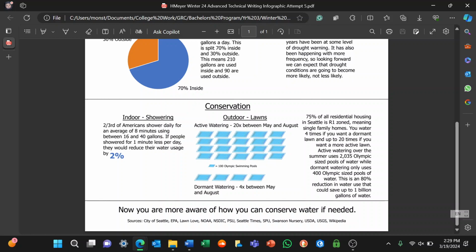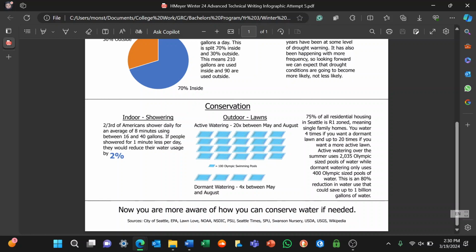By a football field, by a football pitch, it's X number of yards, it's X number of football fields long. By using Olympic-sized swimming pools to represent the amount of water, you can really just imagine, each Olympic swimming pool picture represents 100, and it goes from 20 down to 4.